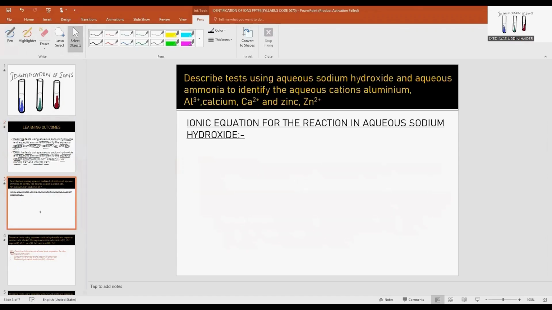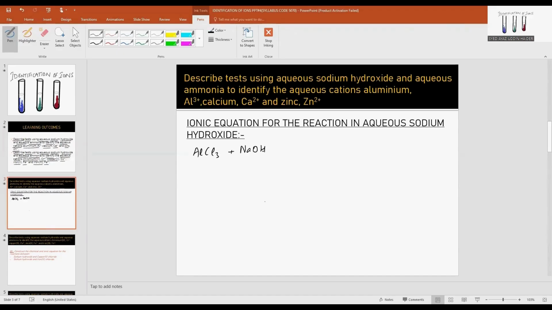Now I'm showing you how you can write the ionic equation between the salt of aluminum and sodium hydroxide. I'm taking aluminum chloride salt for this reaction. You know the formula of aluminum chloride, that will be AlCl3. First, you will write the balanced reaction equation between aluminum chloride and sodium hydroxide.